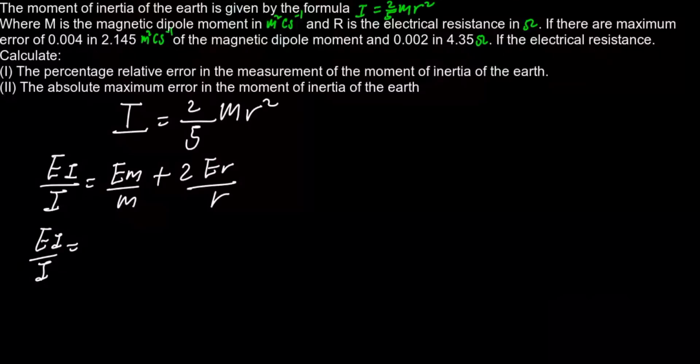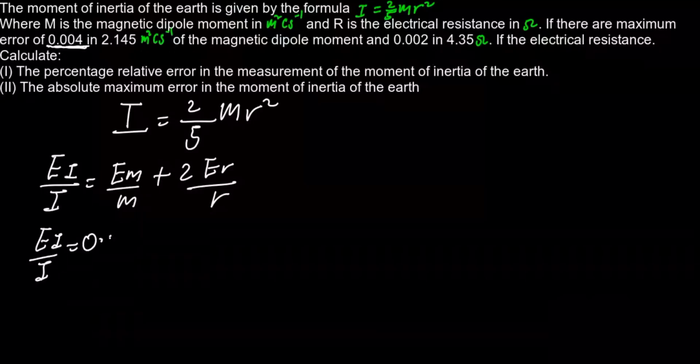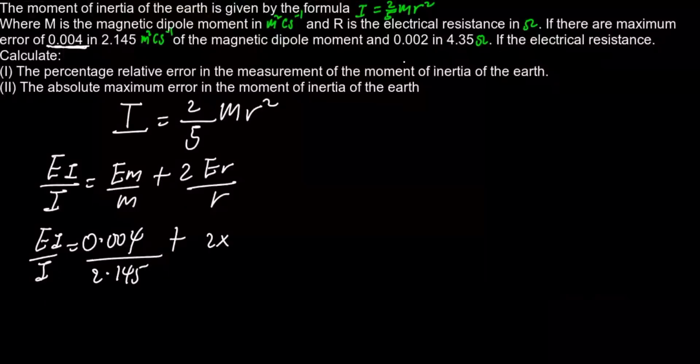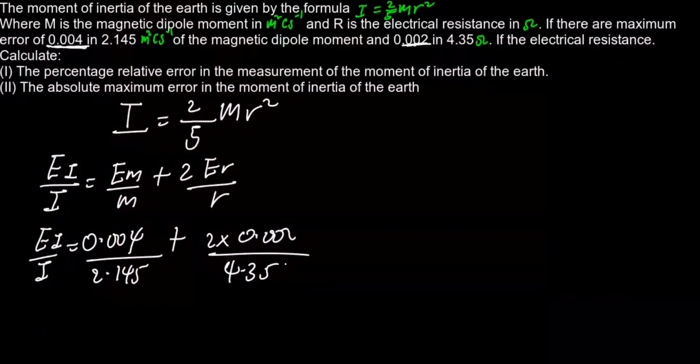And we're told that there is a maximum error of 0.04 in this, so our error here is 0.04 over what is M? 2.145, plus 2 times, what is the error in resistance? This is it, 0.002 over 4.35.